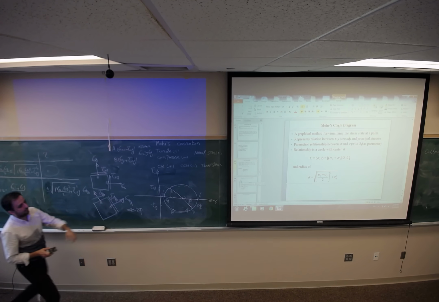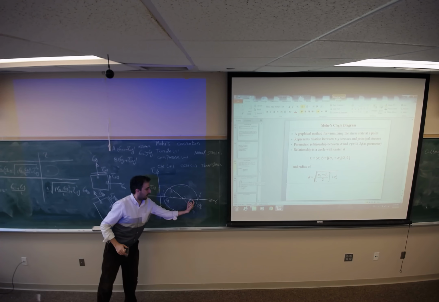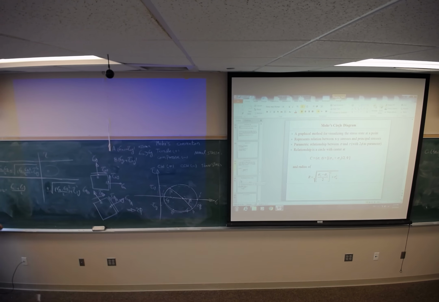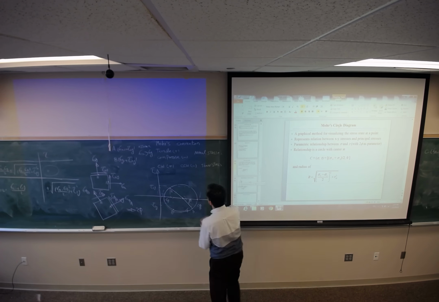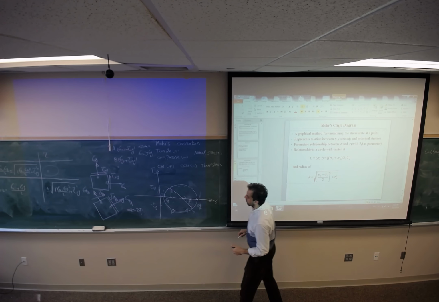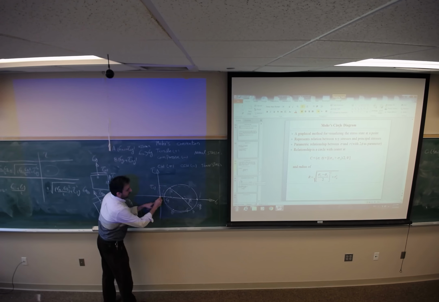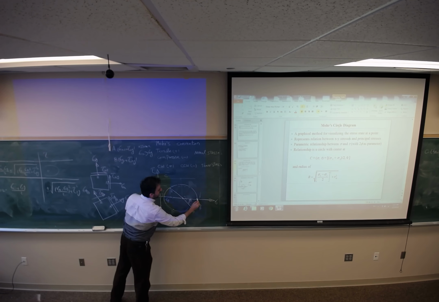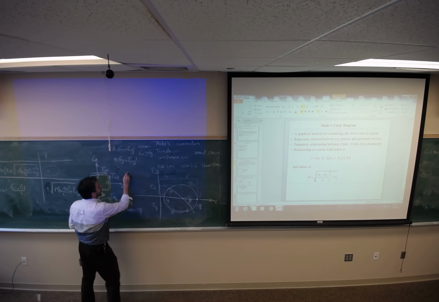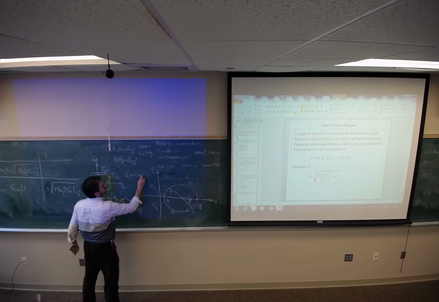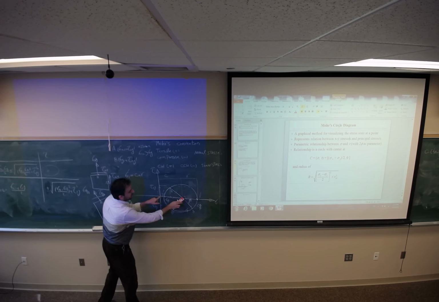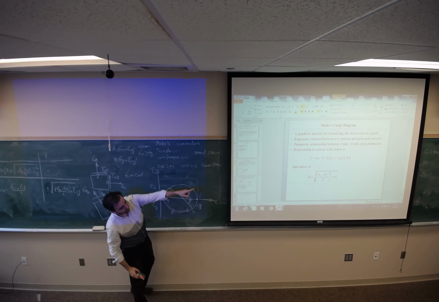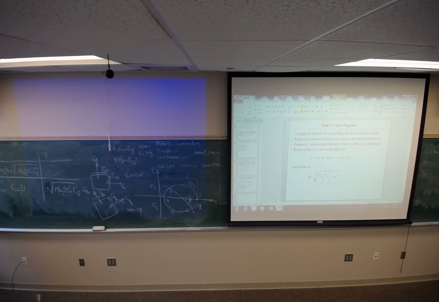And this is how you can find the angle of the principal direction and the values for sigma prime 1 and sigma prime 2. So what would be the coordinates of this point? From here to here, it's going to be the center, C, and from here to here, it's going to be R. So sigma prime 1 is C plus R, where C is sigma x plus sigma y divided by 2, plus R. The R is exactly the same as this square root.